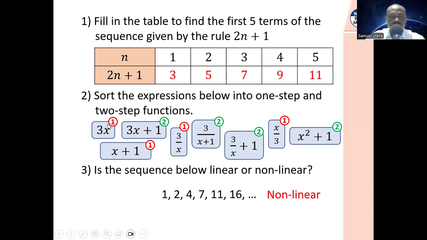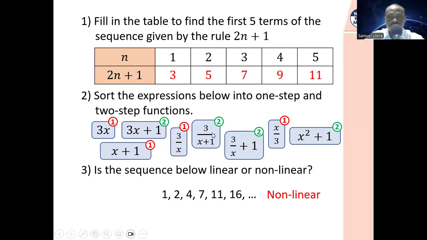Because here, 3x means 3 times whatever x is. Here, x add 1, that's it, one operation. Here, 3 divided by x, one operation. Then here, x divided by 3, you're just dividing. But here, look at these ones in green. First you multiply whatever x is by 3, and then you add 1. So it's 2-step. You're doing 2 operations.